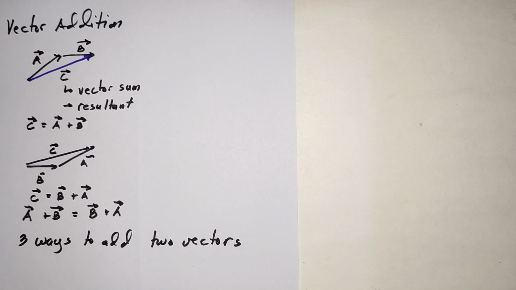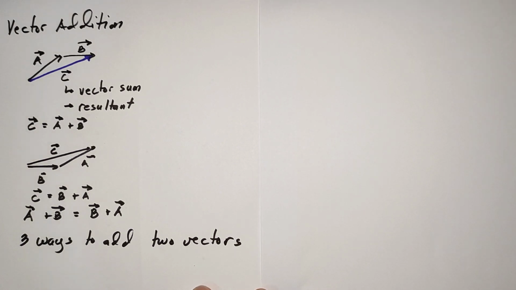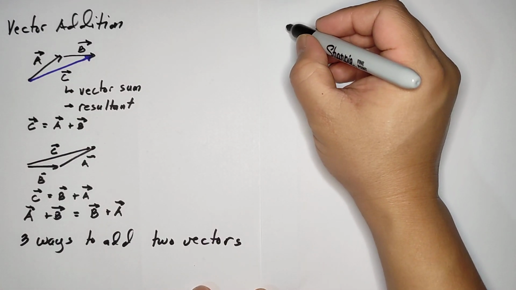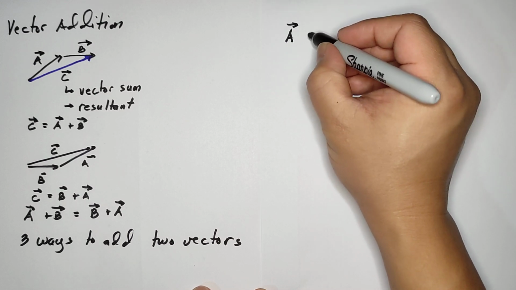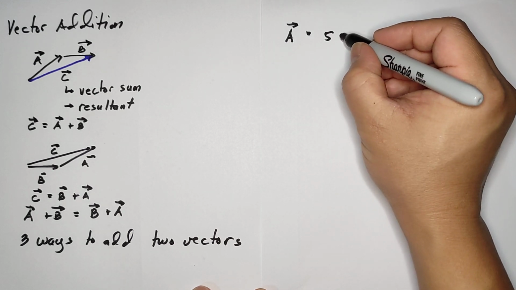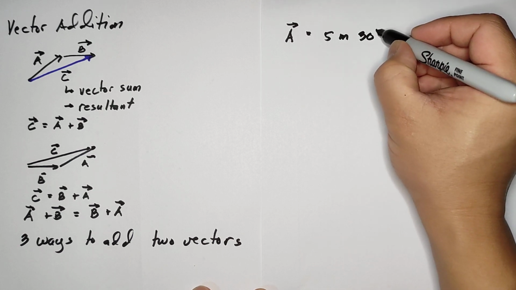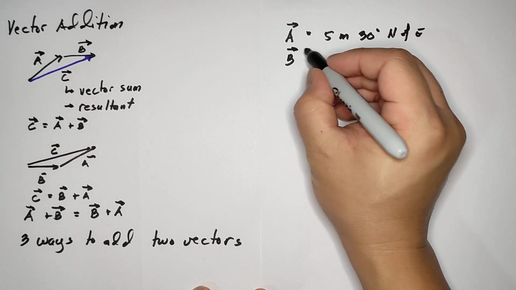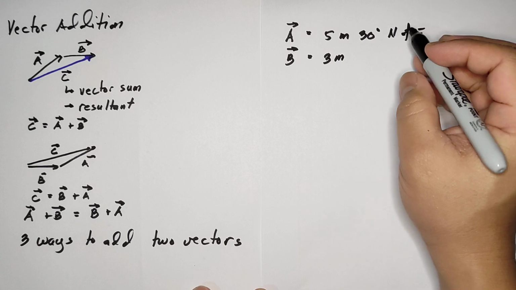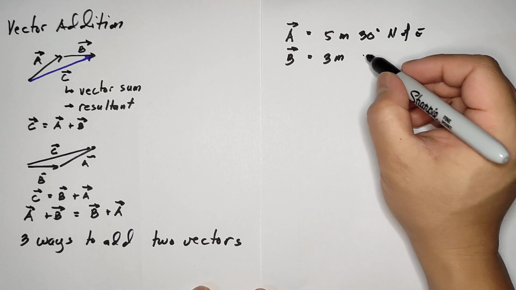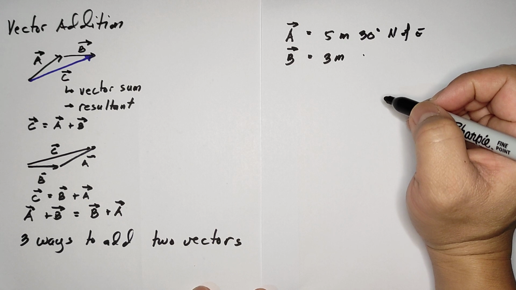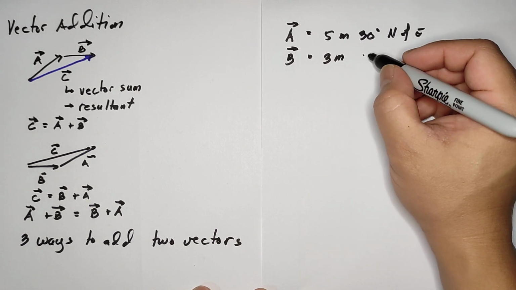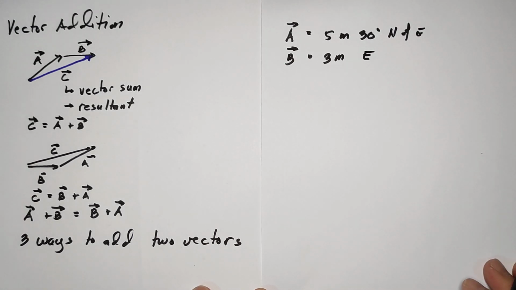So with that, two vectors, for example vector A, it's 5 meters 30 degrees north of east, and vector B, let's say 3 meters to the east, so it's just a horizontal line to the east.